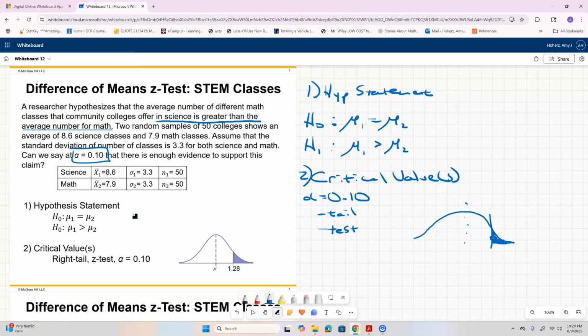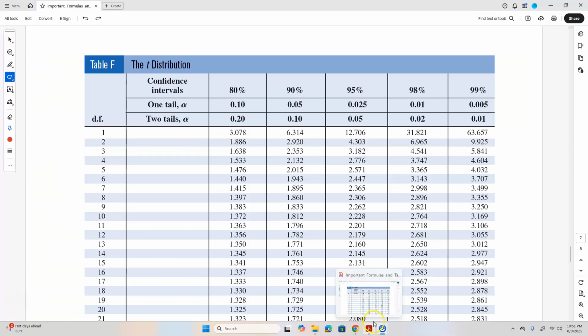So it's a one-tail test, a right tail. And then it is going to be a z-test because we have the population standard deviation. We have sigmas. And so we can do a z-test. We don't have to do a t-test with the degrees of freedom and all that because we have the better information of the population standard deviation. So we're going to go to our chart as always, alpha 0.10, right tail, z-test.